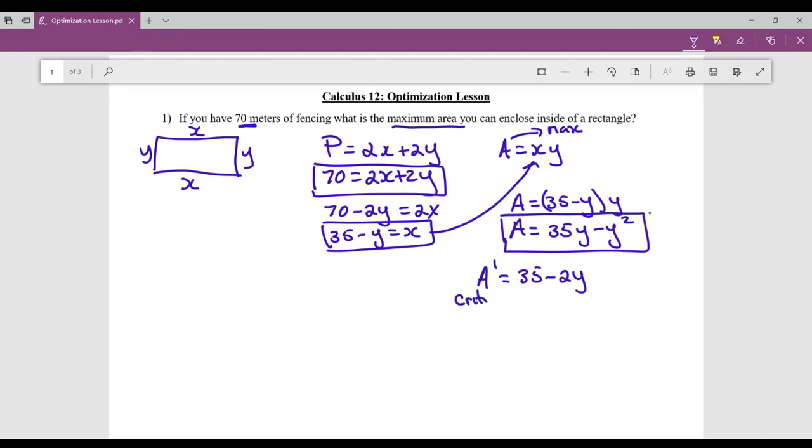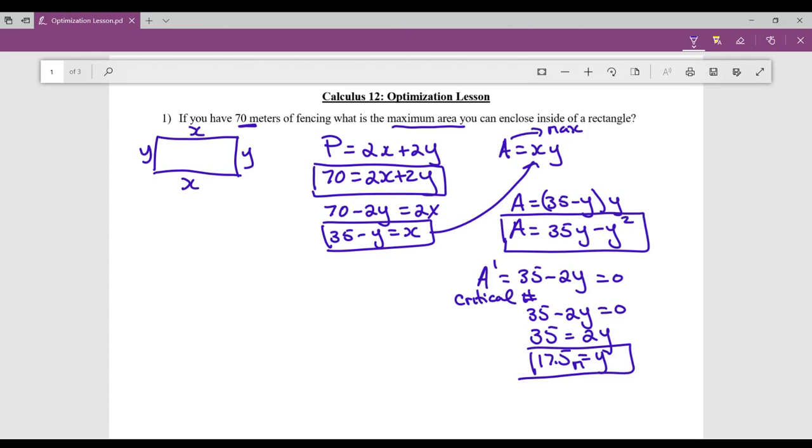We're trying to maximize it, it's just like curve sketching. So we set it equal to 0. 35 minus 2y equals 0, 35 is equal to 2y. Divide off the 2, and we get 17.5 is equal to y. Since we're in meters, that should be in meters.